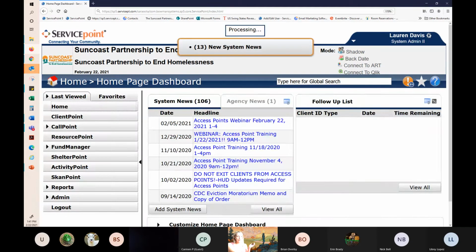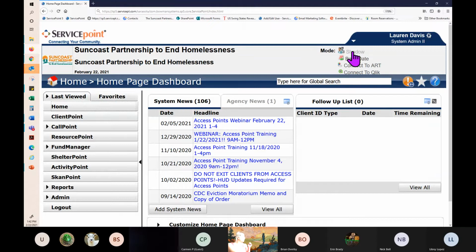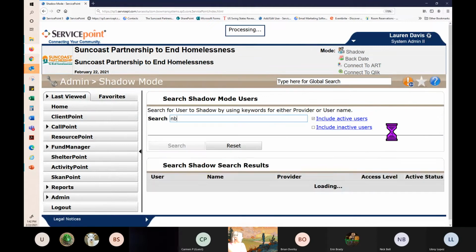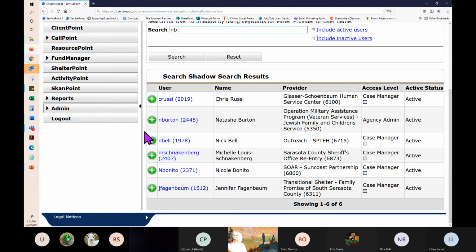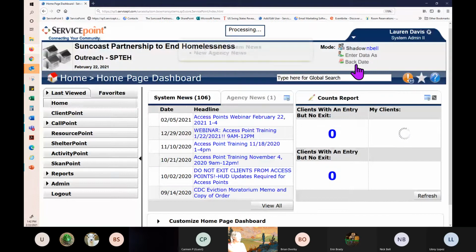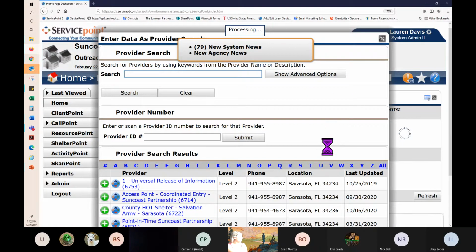The first thing we ask ourselves when we log into CSIS is, what am I doing in here? Well, today we are collecting information on a client, and we are going to enter data as an access point.